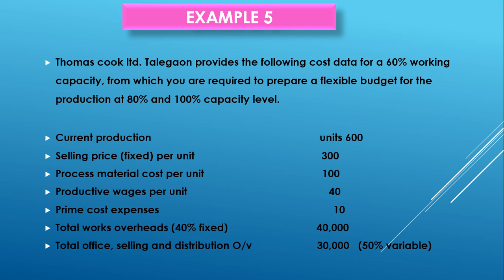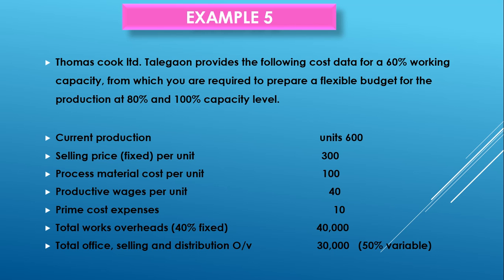So in this given example, there are some prime cost elements that are, if you can see, process material cost per unit 100 and productive wages per unit 40. So these are our prime cost elements. Thereafter there are some prime cost expenses as well, rupees 10. These three will constitute our prime cost.